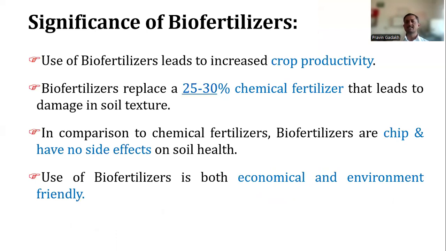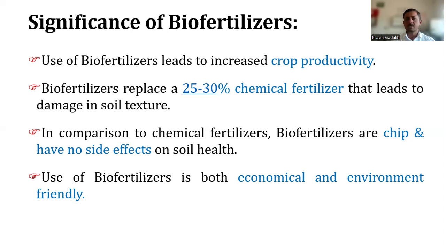Now we discuss the significance of biofertilizer, why we are using biofertilizer, or why we are studying it. The use of biofertilizer leads to increased productivity. In the last slide we discussed that biofertilizer helps in the fixation of nitrogen available in the environment, but plants and animals are unable to fix that nitrogen, so microorganisms convert environmental nitrogen into a usable form so that plants absorb it and carry out their metabolic processes.